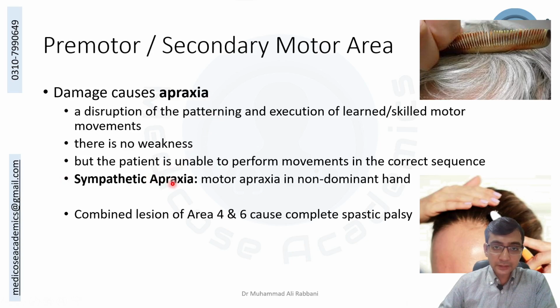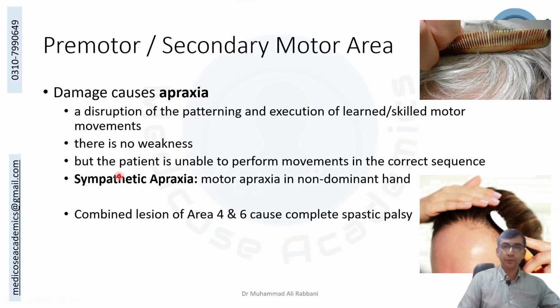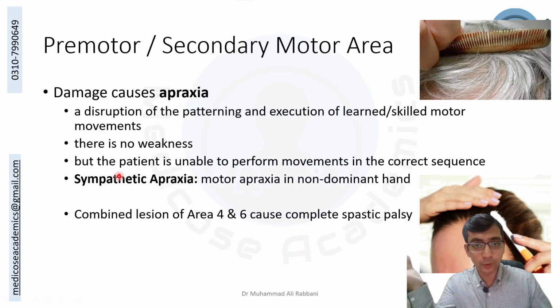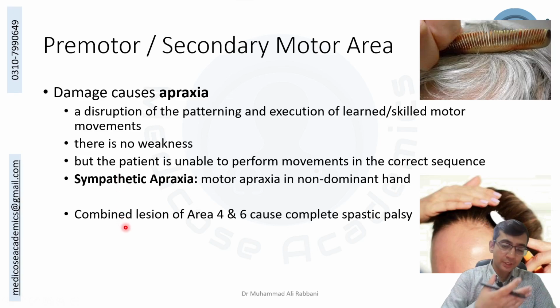So sympathetic apraxia means even a person with a left side infarct, left side premotor area damage, may not be able to do learned activities with the non-dominant hand, even though the premotor area of the non-dominant hemisphere, that is the right, was okay. That is the sympathetic apraxia, because most of the programs are stored in the dominant hemisphere.